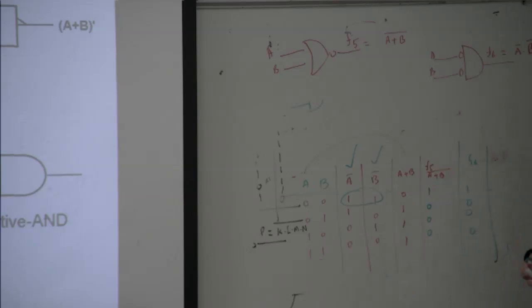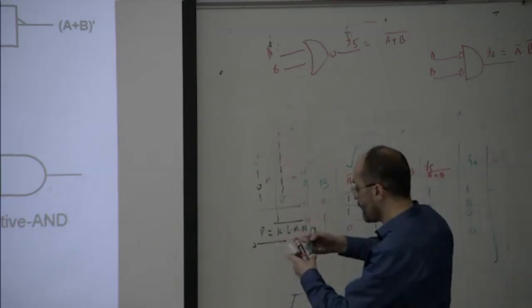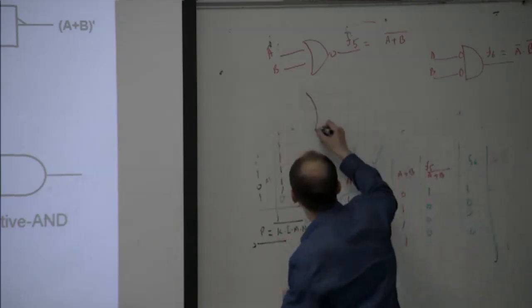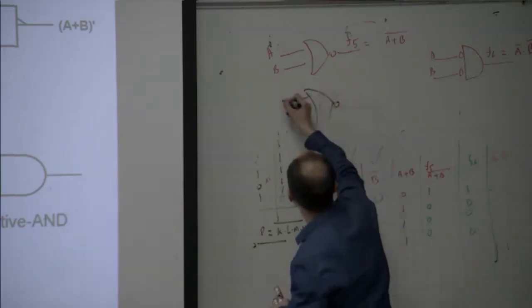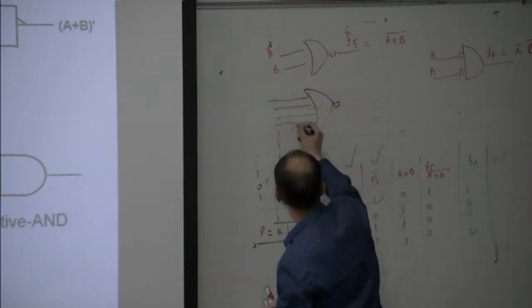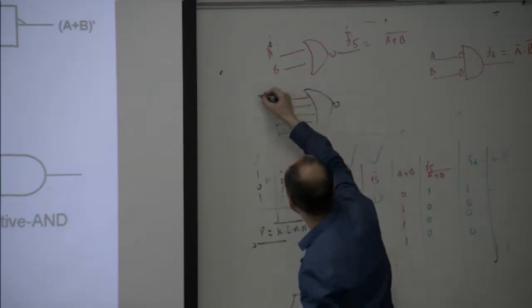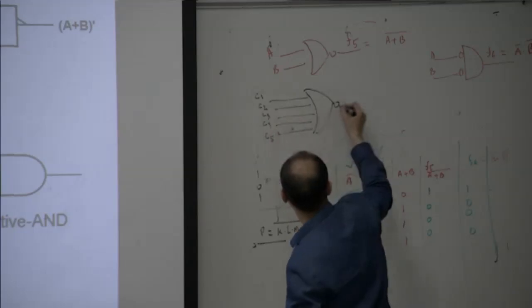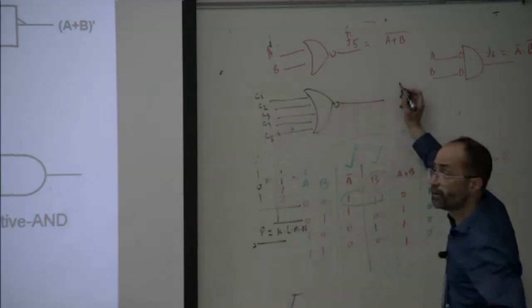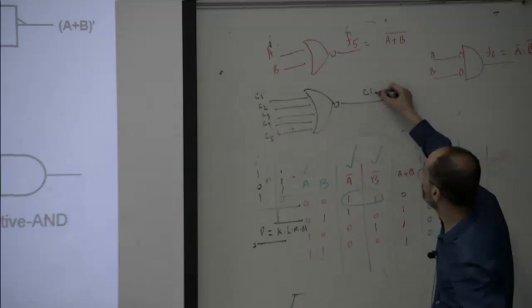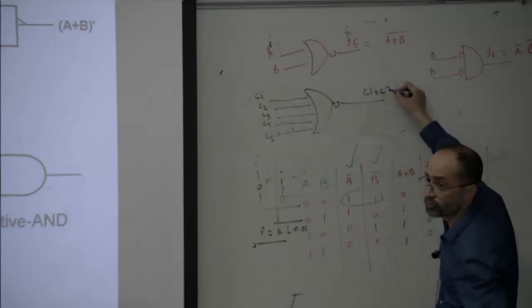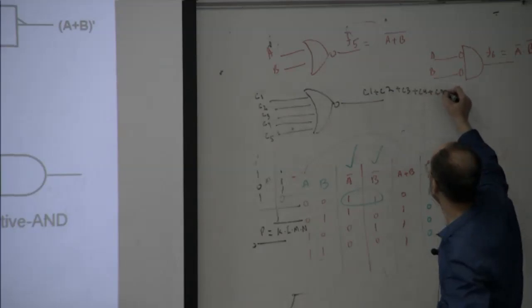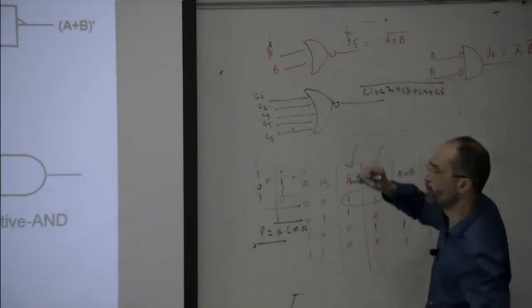In general, let's assume we have a 5 input NOR gate with inputs C1, C2, C3, C4 and C5. What will be the output? C1 plus C2 plus C3 plus C4 plus C5, whole bar.